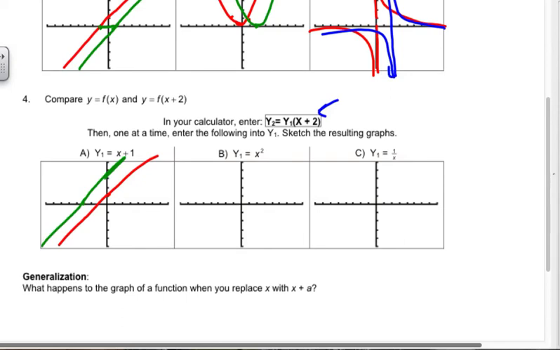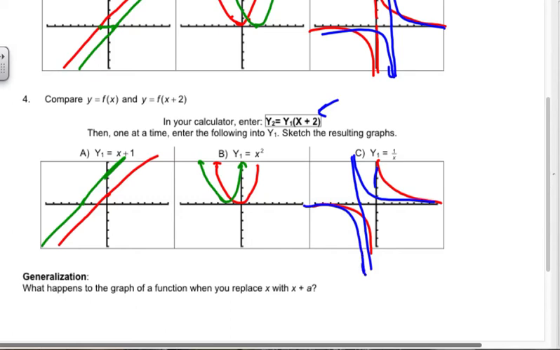Again, with linear, it's hard to tell the difference. Parabola, it's much easier to tell what's going on. So I moved it 2 units to the left. For the rational, there's my parent function. I move this over 2 units. So it looks like this.